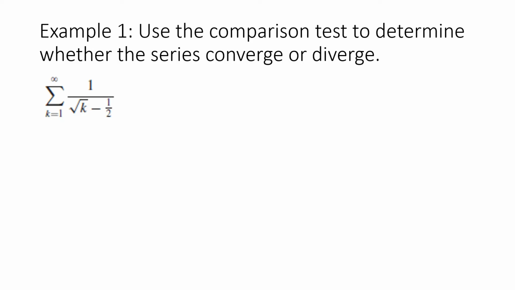Example 1: use the comparison test to determine whether the series converges or diverges. For our solution, according to the first principle presented in the previous slide, we should be able to drop the constant in the denominator without affecting the convergence or divergence.